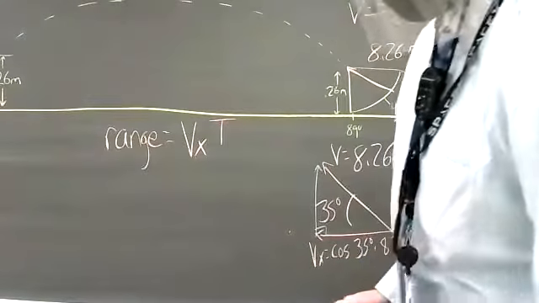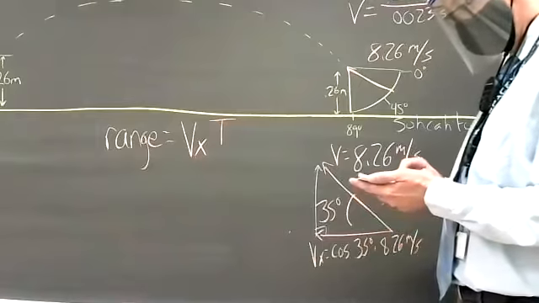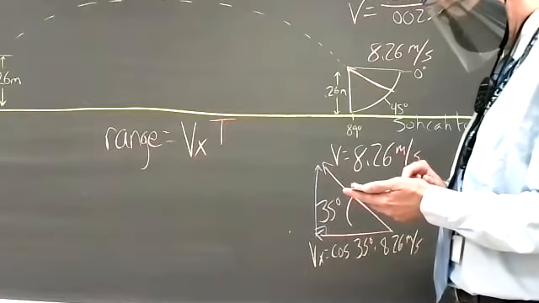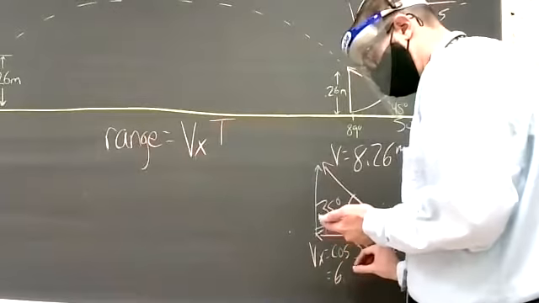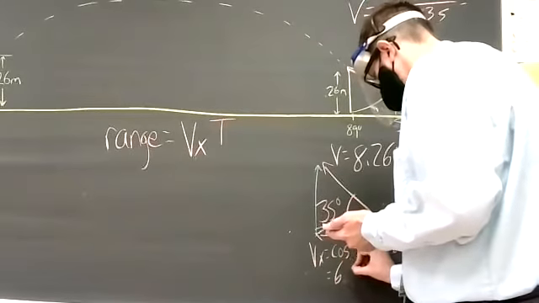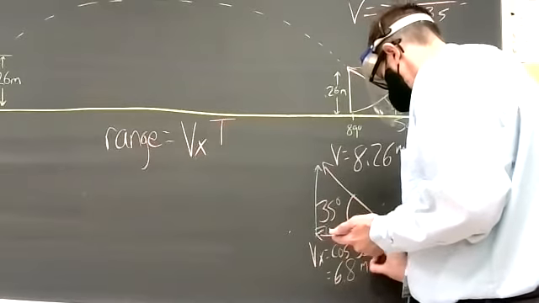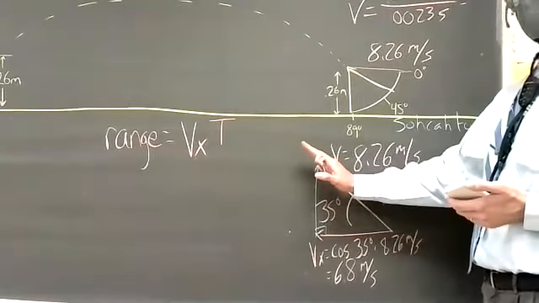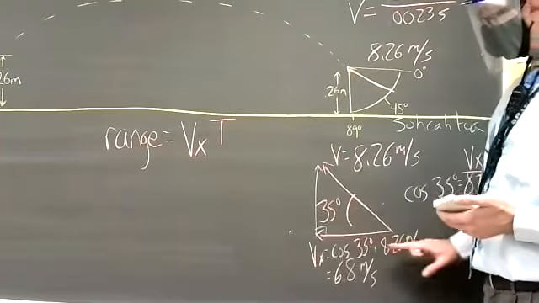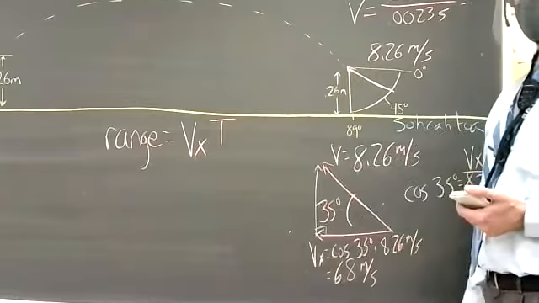Everybody with a calculator, 35 cosine times 8.26 equals about 6.8 meters per second. So if you launch something at 8.26 meters per second, 35 degrees above horizontal, 6.8 meters per second are going this way.